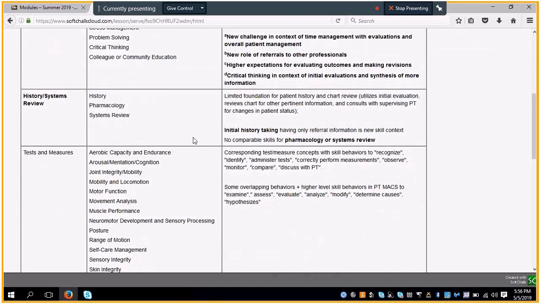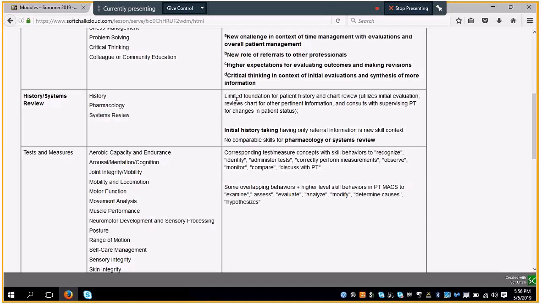Okay, again, the section I've bolded here, which is of course the focus of this particular course in the program, is really all new compared to what is in the PTA Max. There really aren't any comparable skills for history taking, for pharmacology, or for systems review.